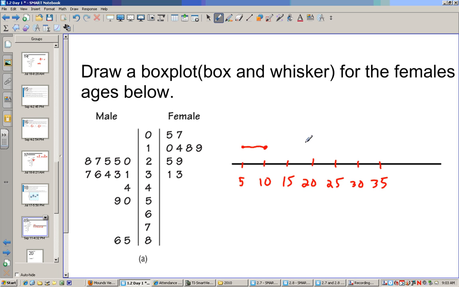The median was 18.5, so that's in there. So we can draw the first half of our box. The maximum was at 29, or not the maximum, the Q3. And finally, our maximum was at 33. So this is our box plot. And on the bottom, we'll want to say what this represents, and it's female ages.